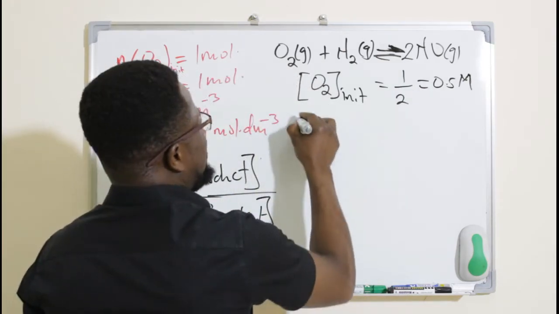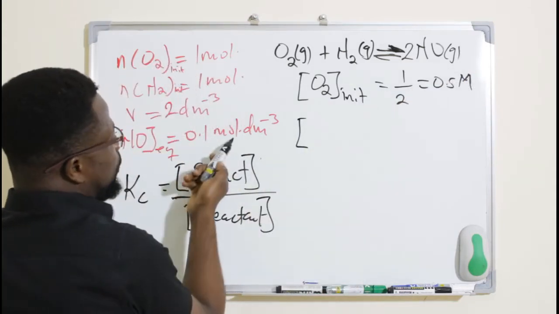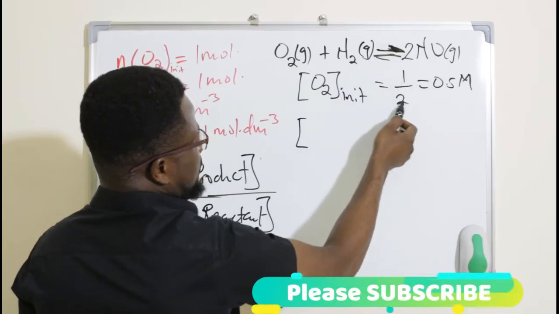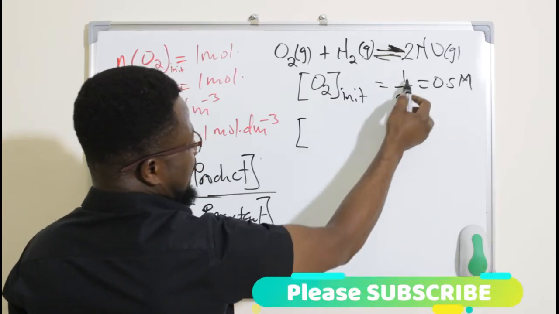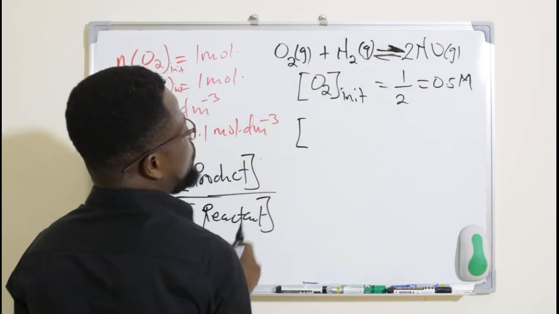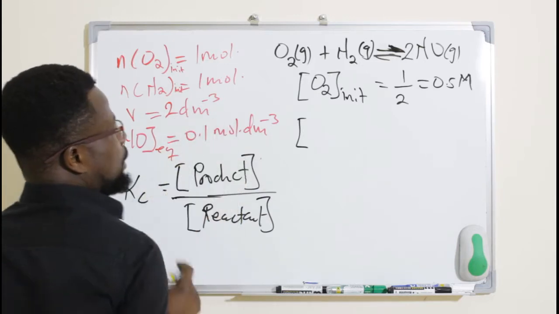Instead of molar concentration, we can write it as mole per dm cube, because the volume is in decimeter cube and the number of moles is in mole. Right. Okay.